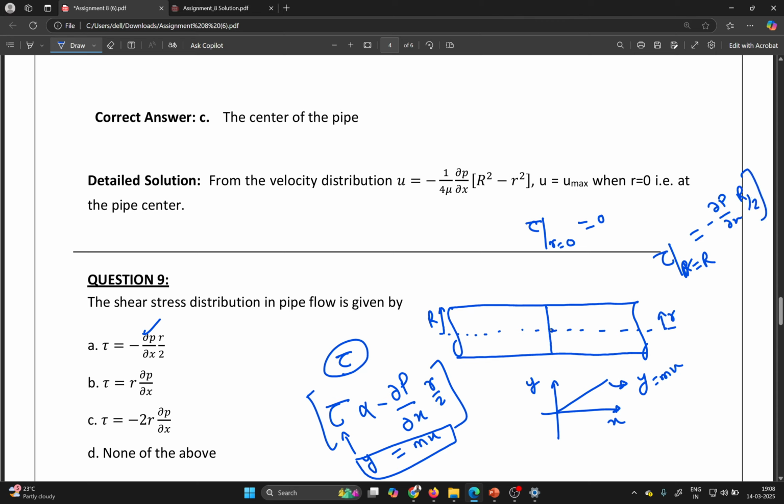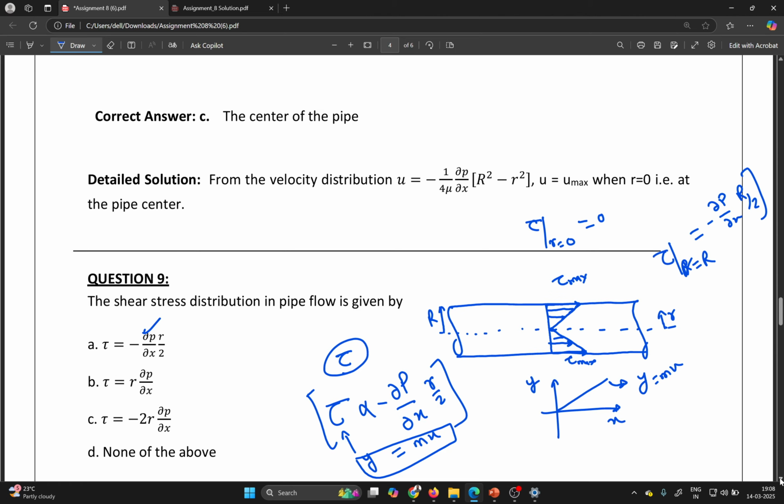So tau max will be at the surface of the pipe. Hope you got it.